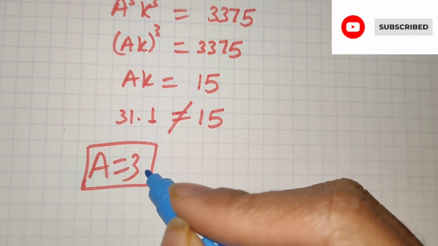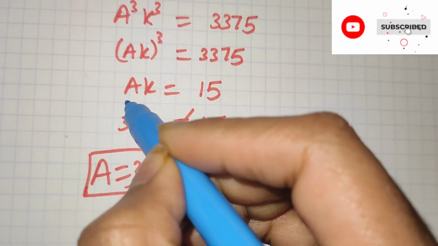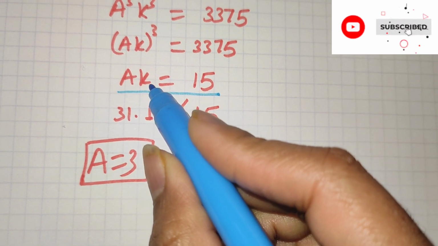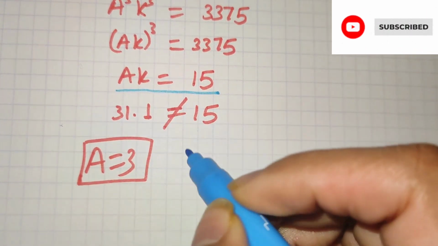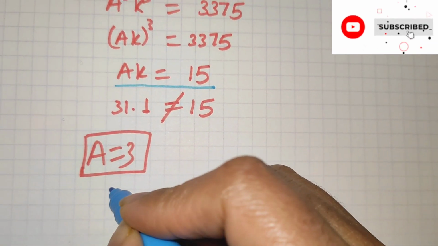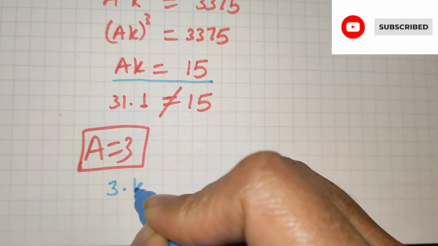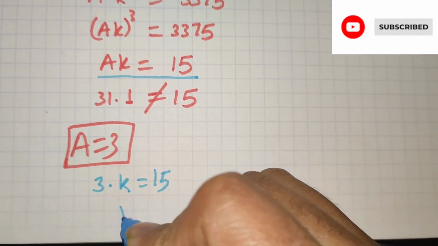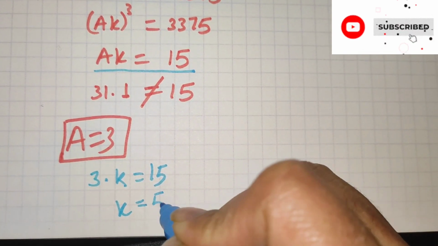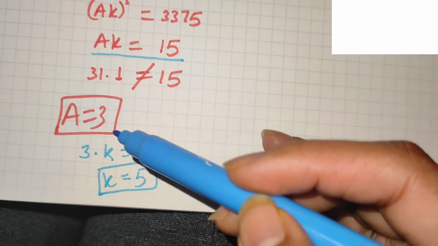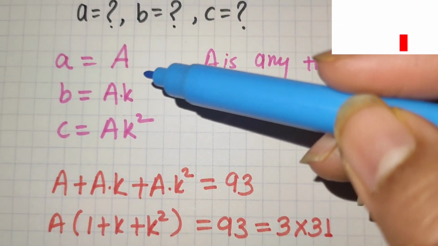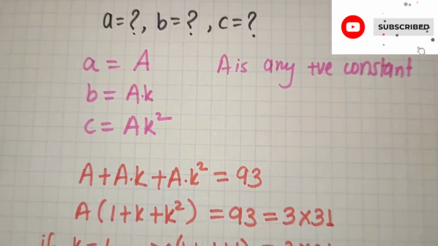Now as a is 3 and ak is 15, I can find the value of k by substituting a equals 3. So that means I have 3 times k equals 15. That means k has to be 5. Once I know the value of a and the value of k, I can easily find the values of these three integers.